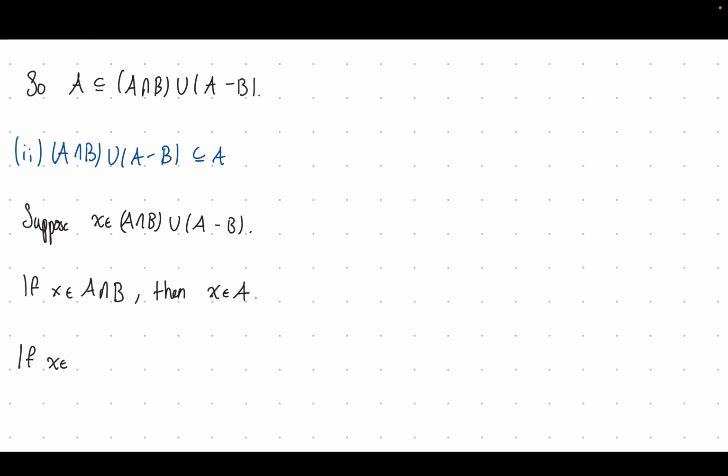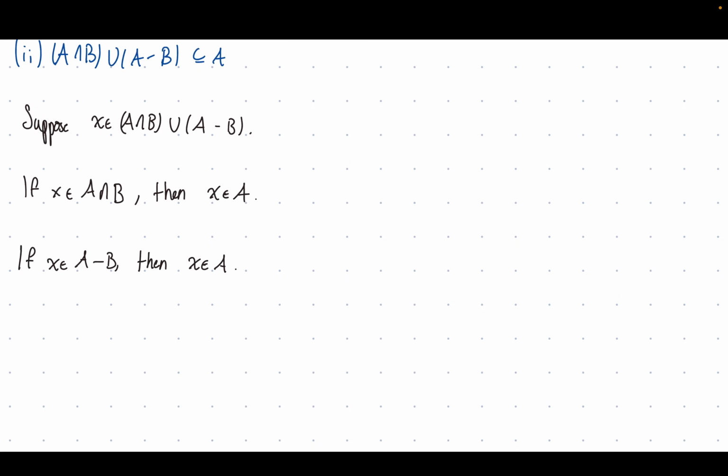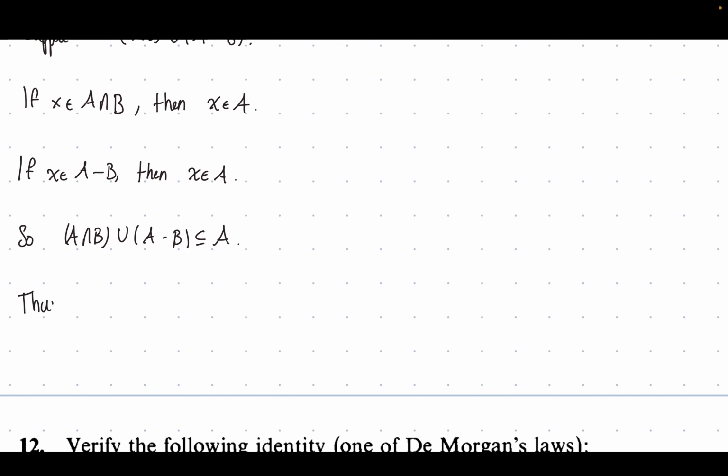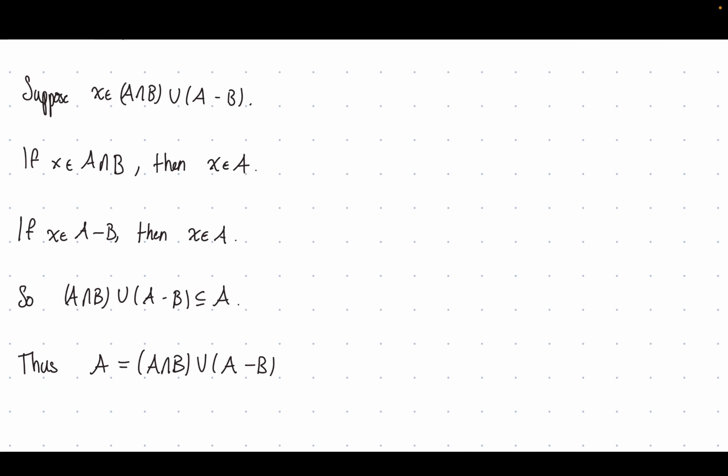If X is in A minus B, then X is in A. So regardless, A intersect B union A minus B has to be a subset of A. Thus, A is going to be equal to A intersect B union A minus B. Cool. Now let's add a new page.